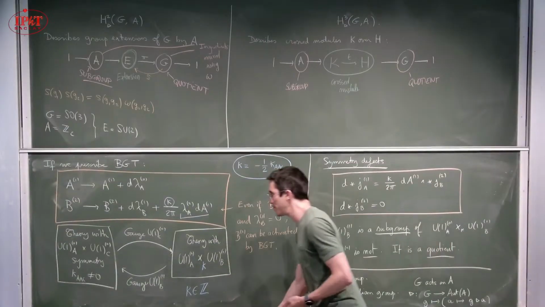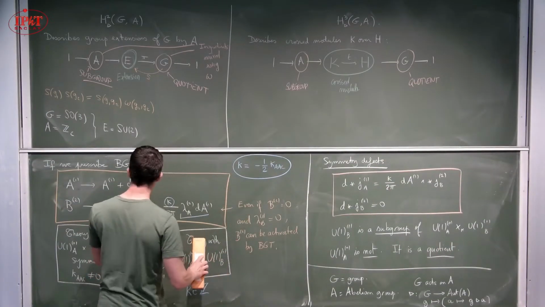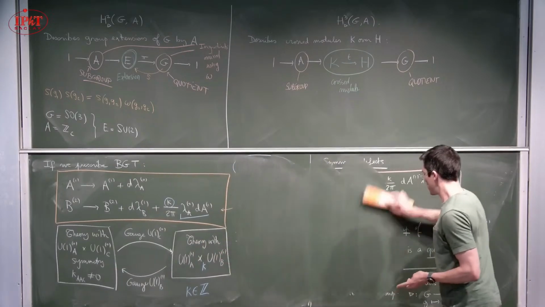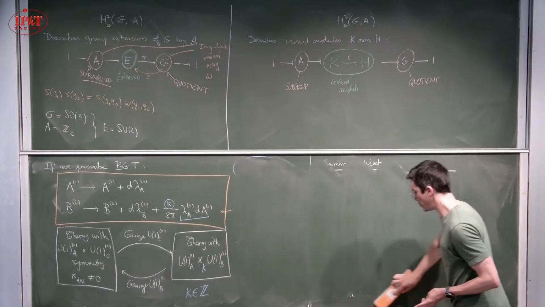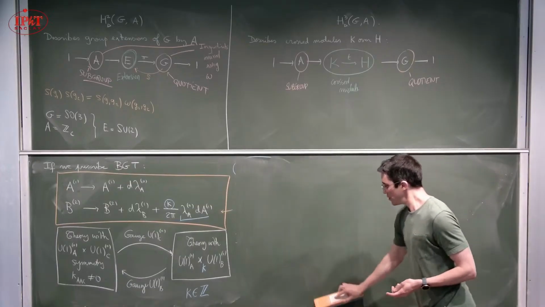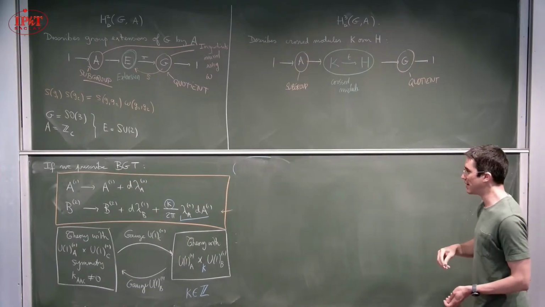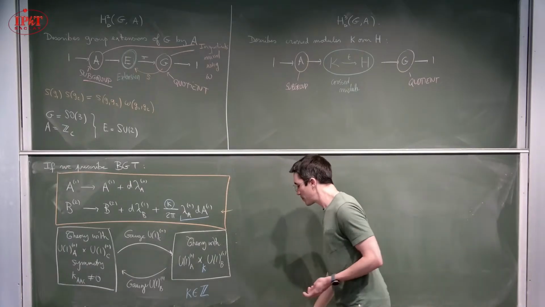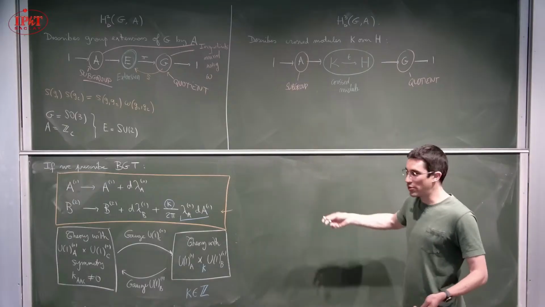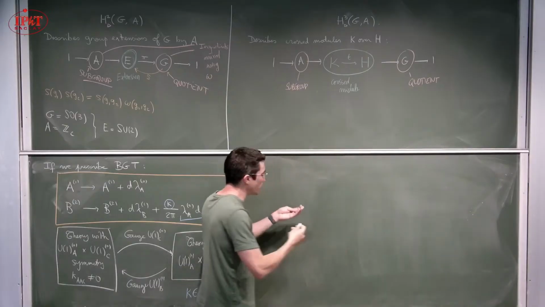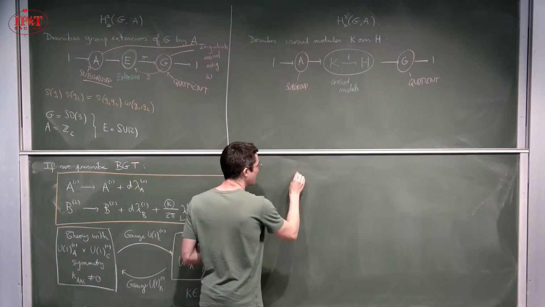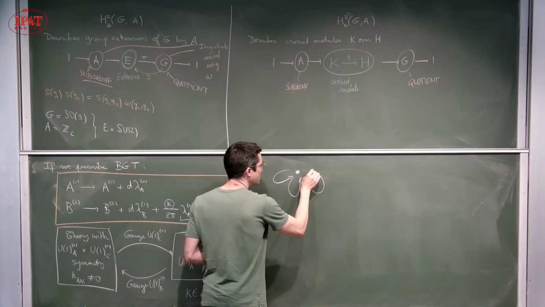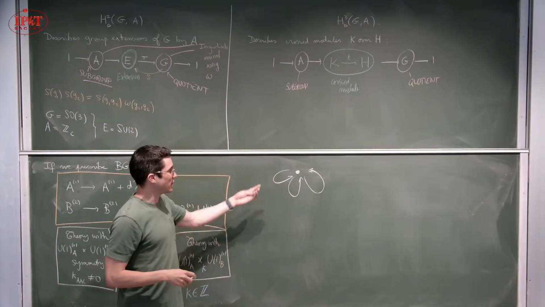Two weeks ago, I started drawing. Maybe I should keep that. Two weeks ago, I started mentioning that all the symmetry defects, when you had a normal symmetry, I said, okay, you can have a dot here, and then you have a bunch of arrows, and these are your symmetries acting on the theory.